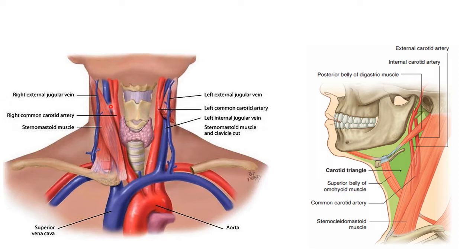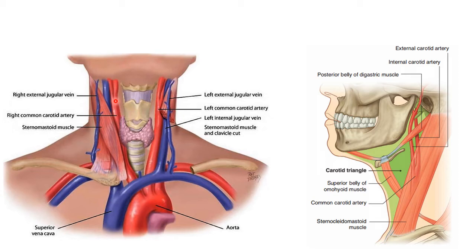At the bifurcation, the common carotid artery and the internal carotid artery are dilated, and this dilatation is called the carotid sinus.